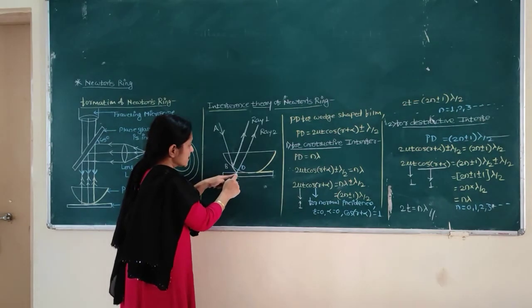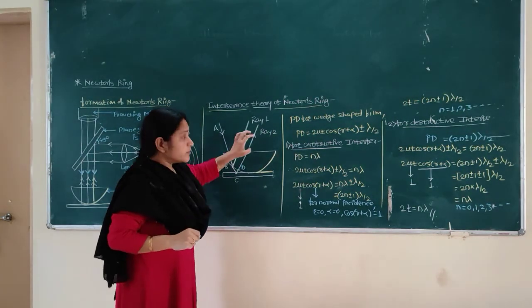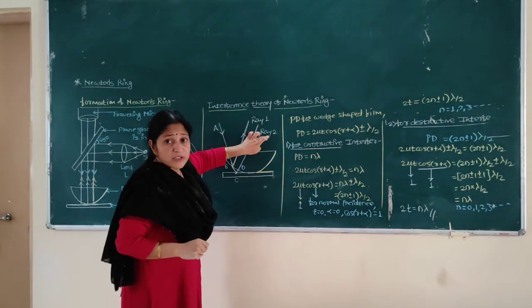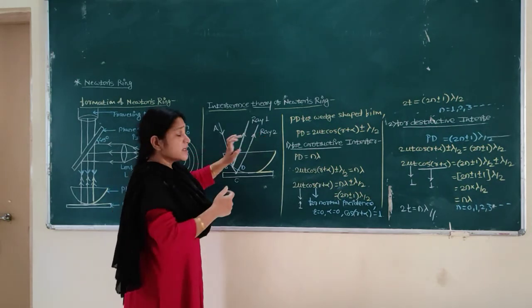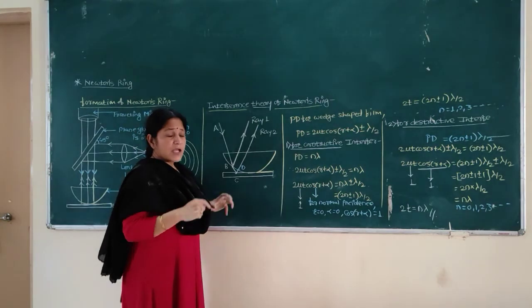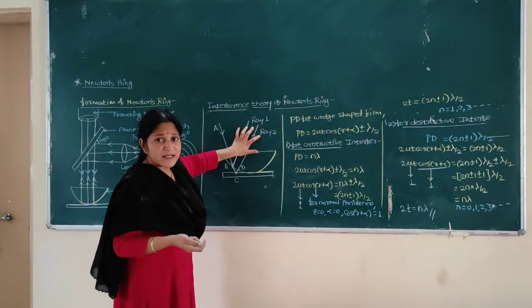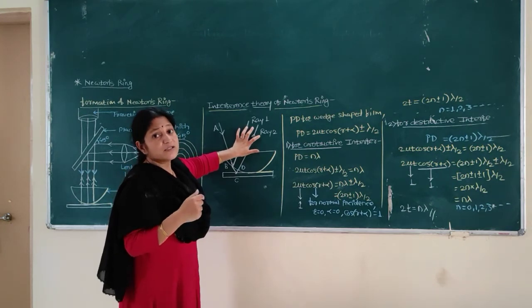Again from the point C the ray will be reflected and we get the ray 2. Now ray 1 and ray 2 both are coherent rays because they are derived from the same incident ray AB. When these two rays interfere with each other, we get the interference pattern in the form of bright or dark rings.